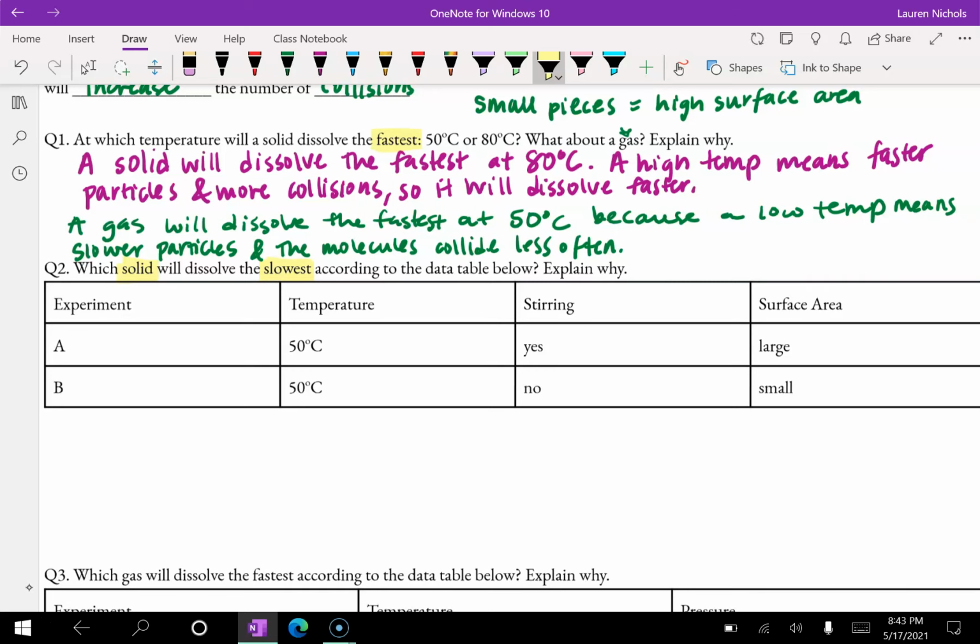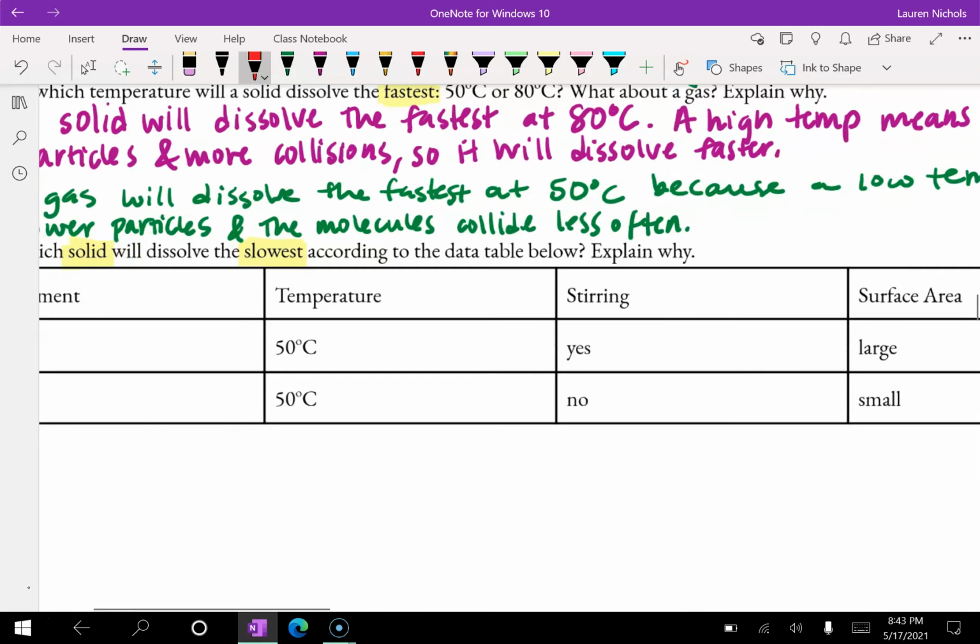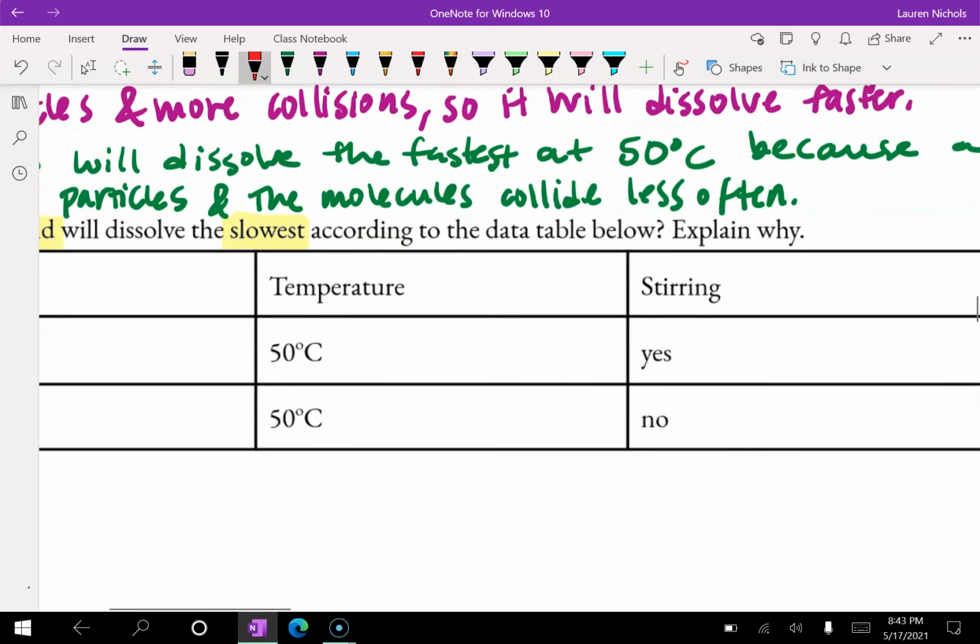Now, when I have this kind of data table, and we've got 2 experiments, experiment A and experiment B, what I do is I look at each thing. Now, if we're looking at a solid, for a temperature, these are the same, which means you can ignore them.